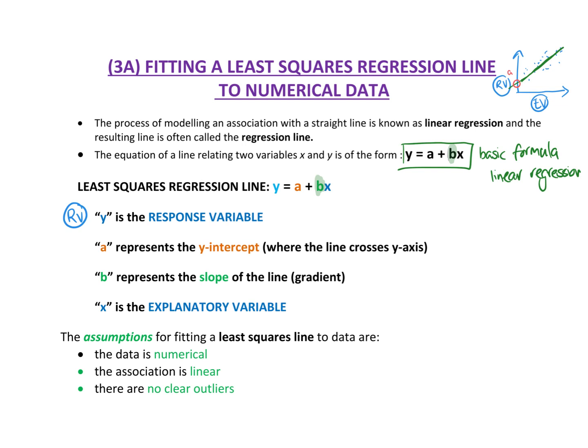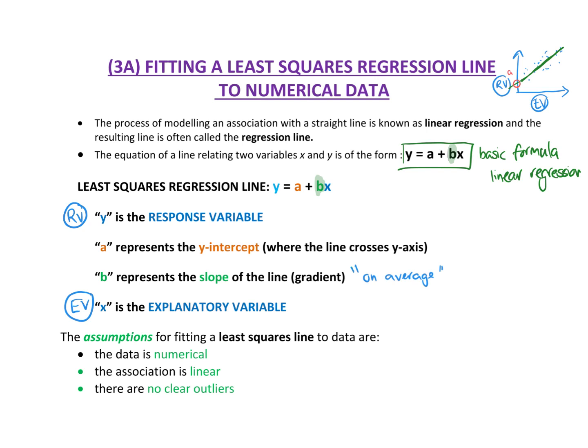Now also I just want you to pop next to that, when they're talking about the gradient in this, you'll hear the words on average, okay? When you hear that, they're talking about the slope, okay? So maybe just pop that there because that might help you when you see something, you go, oh yeah, on average, they're talking about the slope. Okay, and the X value is our explanatory variable.